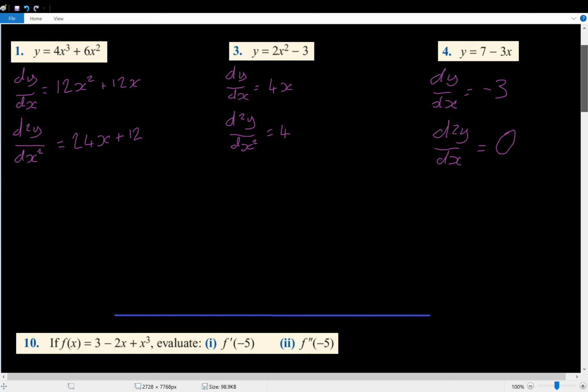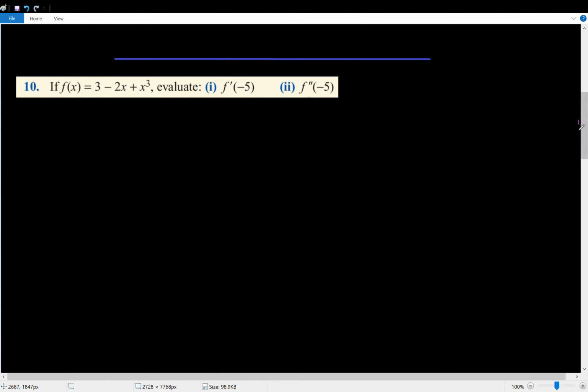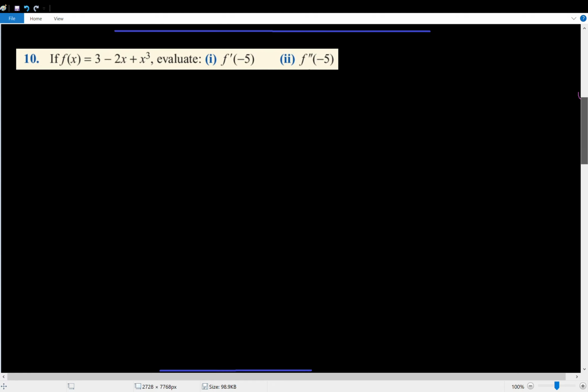Now let's take a look at question 10. Question 10 asks us to get the second derivative in a slightly different way than the first few did. It uses this notation which you can see here in the second part of the question, which is the f, and there's 2 dashes. So the first dash that we see in part 1, that's just the first derivative, and the second dash is just the second derivative. So we've got our function f of x.